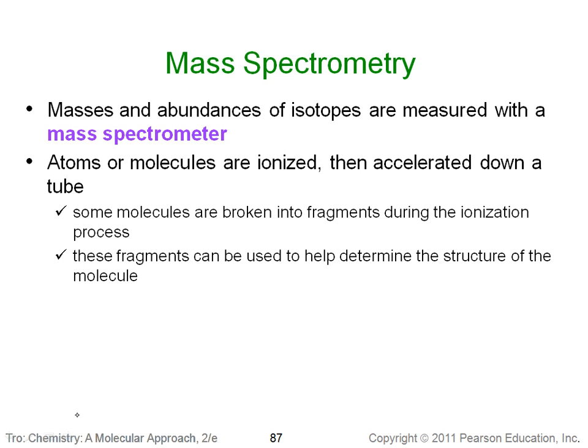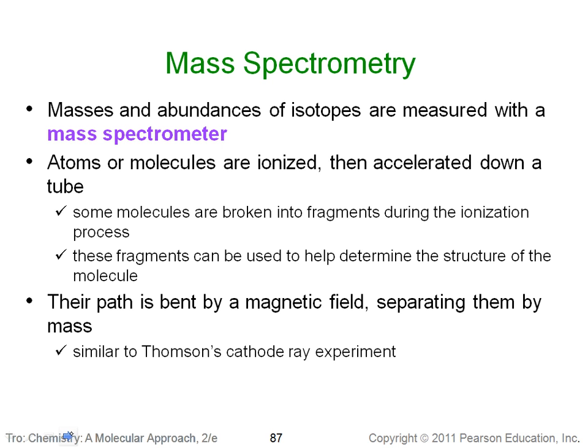What happens is we take the atoms, we put it in the machine. The machine adds a charge to the substance, and then we manipulate the charged particles through the machine, and it's able to separate the different massed objects.